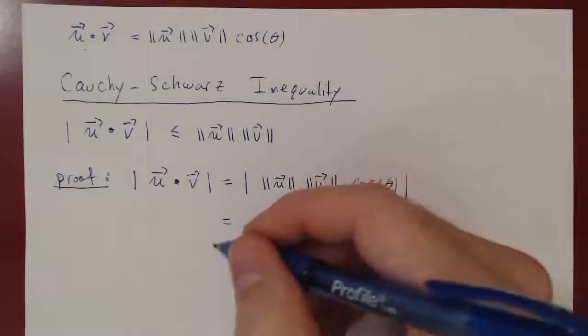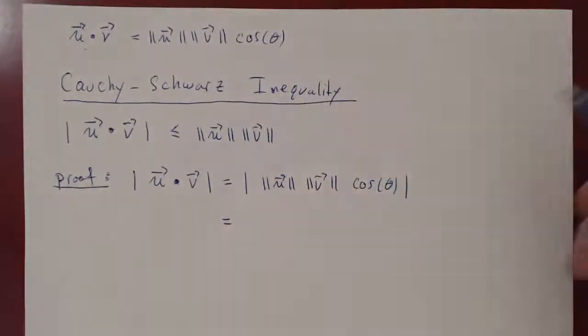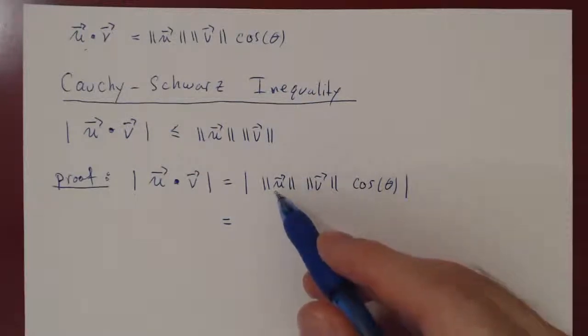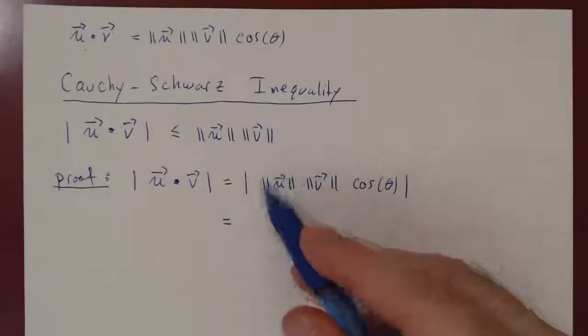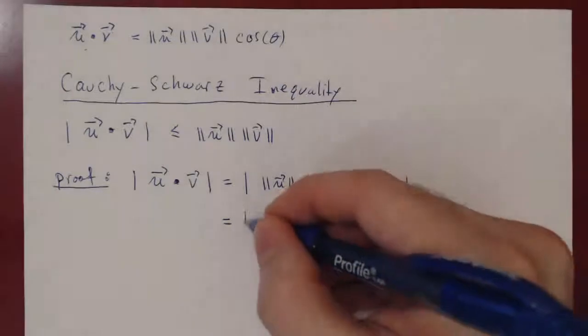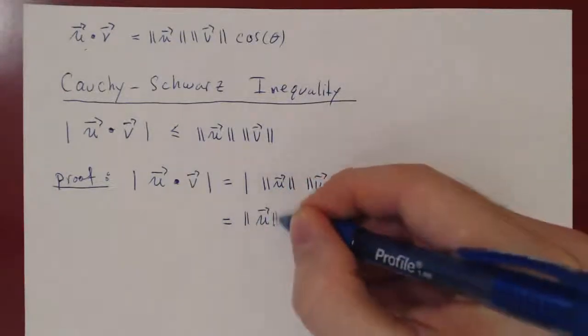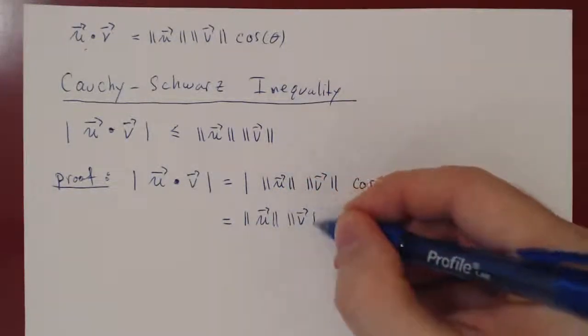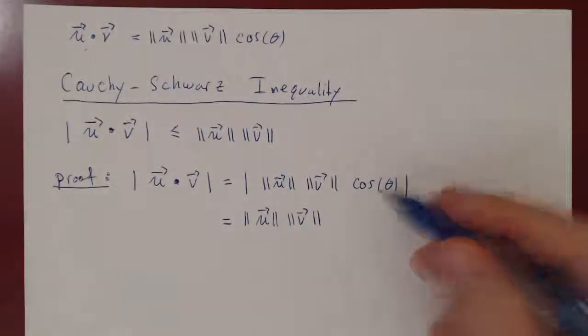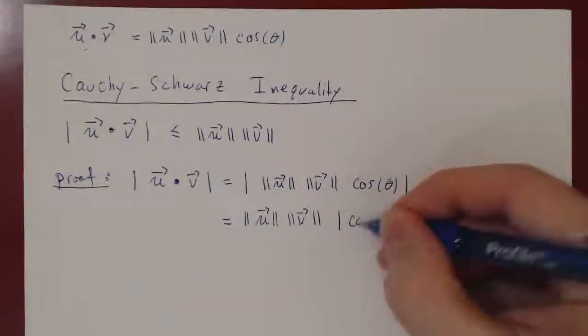But the absolute value makes negative quantities positive, or at least non-negative, but the length of a vector is always non-negative, so we can drop the absolute value from the two norms. So norm of u times norm of v. But the cosine could be negative, so we leave the absolute value on cosine of theta.